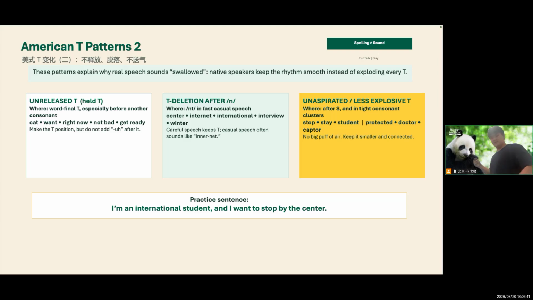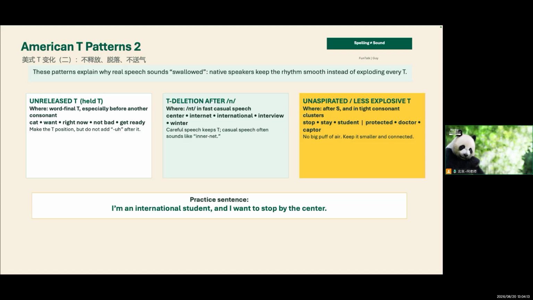So if you remember this word. Okay, I mentioned here this one is cat, right? We also have T, we have K, and we have P. So backpack.